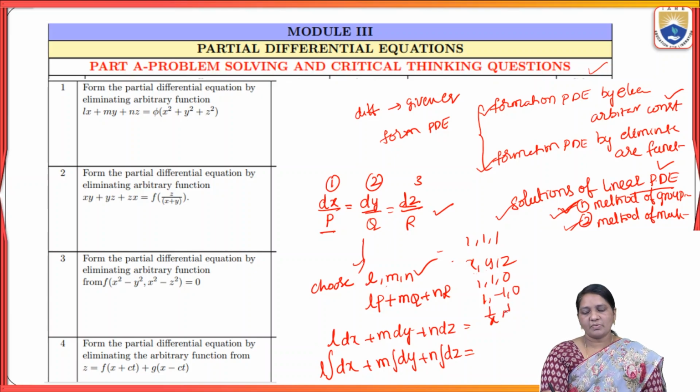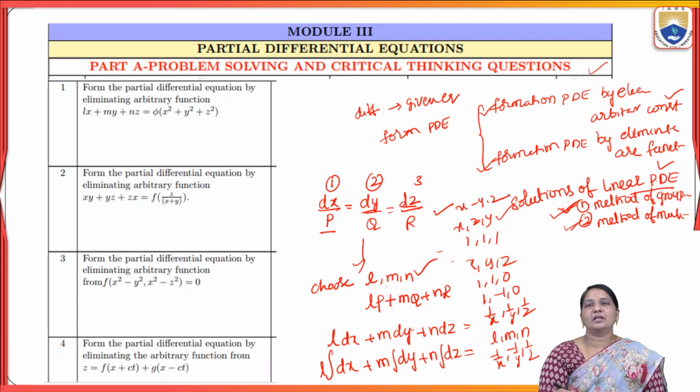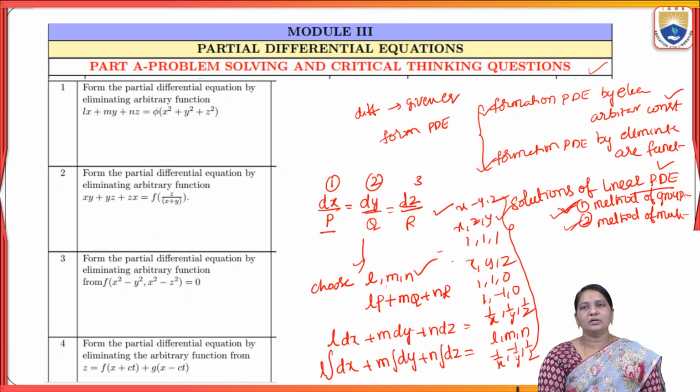And 1 by x, 1 by y, 1 by z. Or L, M, N. Or next one is 1 by x, minus 1 by y and 1 by z. So sometimes x, z, y and x, minus y, z. Like this, these are the examples of multipliers. Like this we can take the set of multipliers. Here variables or constants need not be in any order. So we have to select based on what is suitable to that equation.